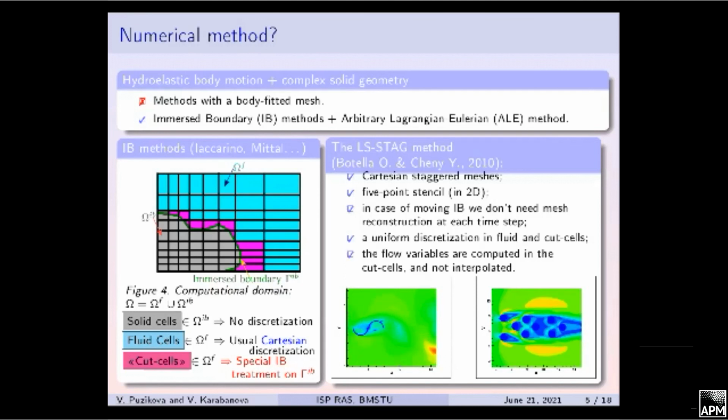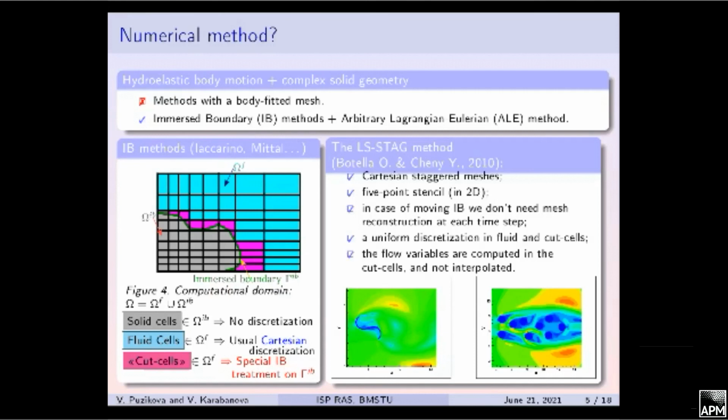simulation combines the advantages of immersed boundary methods and the level set method. This method allows solving problems on the Cartesian grid. In contrast to classical immersed boundary methods, the flow variables are computed in the cut cells and not interpolated.